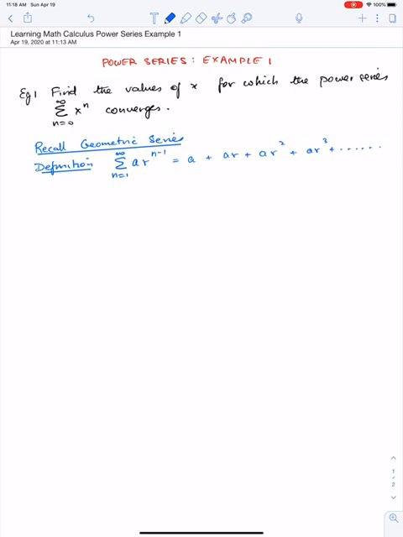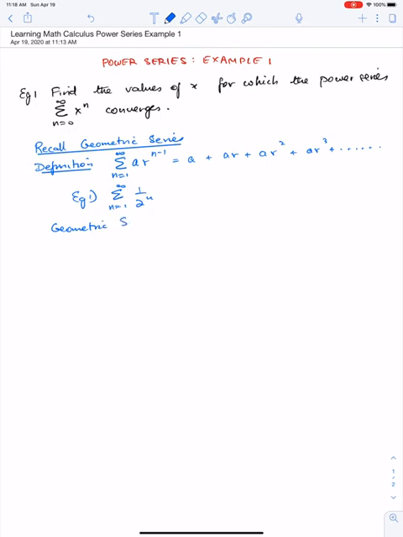The first example we looked at in geometric series was summation n equals 1 to infinity 1 over 2 to the n. And then we applied the geometric series test. I'm going to write it down if you forgot about it.